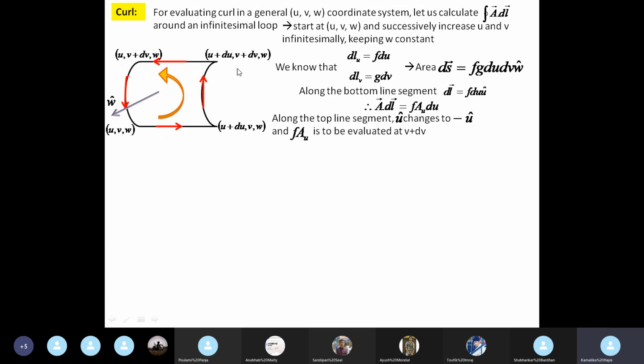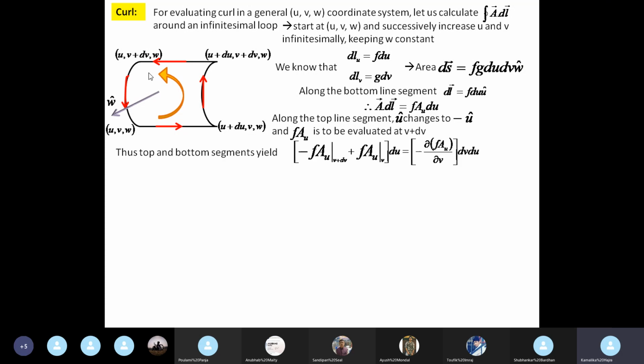Now along the top line segment, the direction of U cap has changed. It is opposite, minus U cap. And now this term F A_U has to be evaluated not at V but at V plus dV, because when you go to the top line segment, V has also changed from V to V plus dV. So the top and bottom line segments together give us minus ∂/∂V of (F A_U) dV dU.